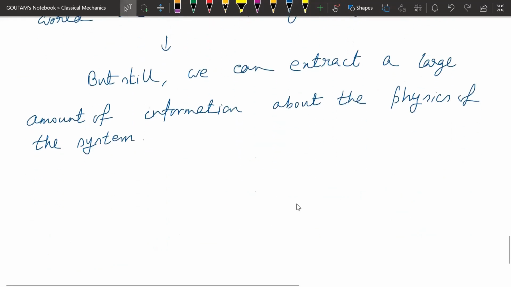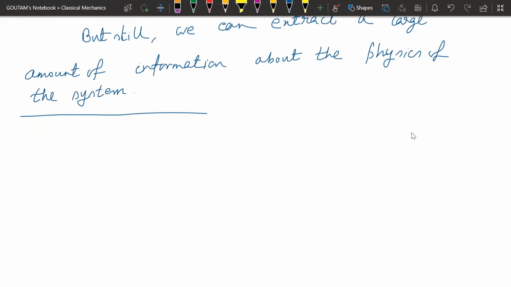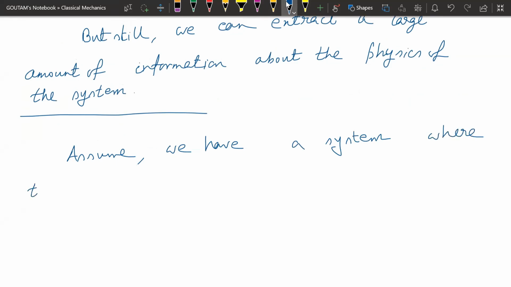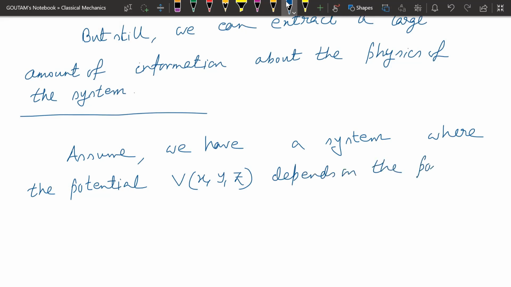For example, let's assume we have a system where the potential V depends on the positions only, not the velocities.